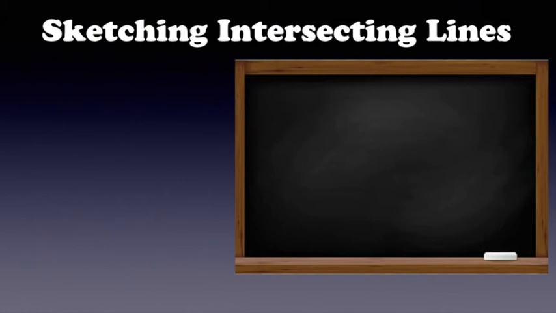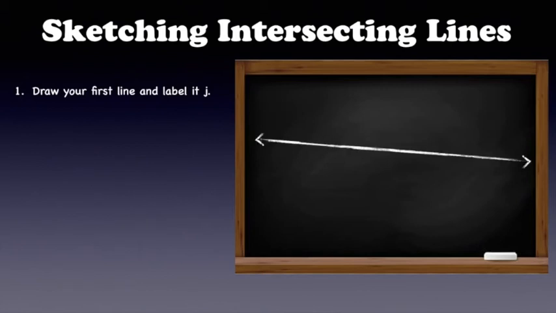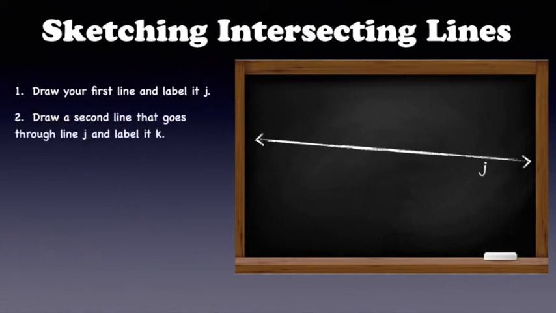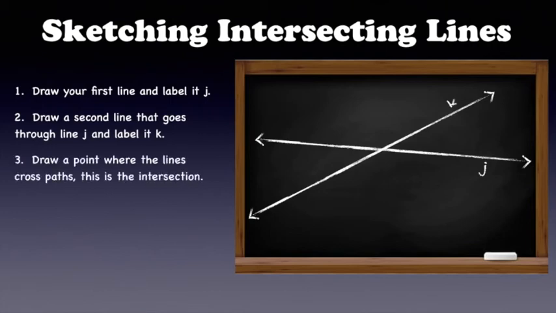Sketching intersecting lines. Step 1, draw your first line, and let's label it J. Step 2, we will draw a second line that passes through line J, and we will label this line K. Next, draw a point where the two lines cross paths.